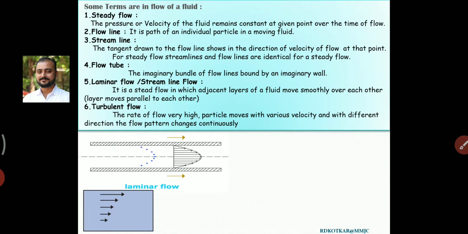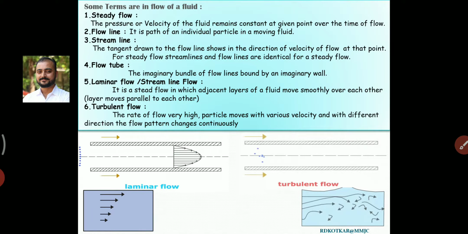As you observe in this diagram, there are many particles moving with different speeds or velocities. The rate of flow is very high, and the particles move with different velocities in different directions. The flow pattern changes continuously.